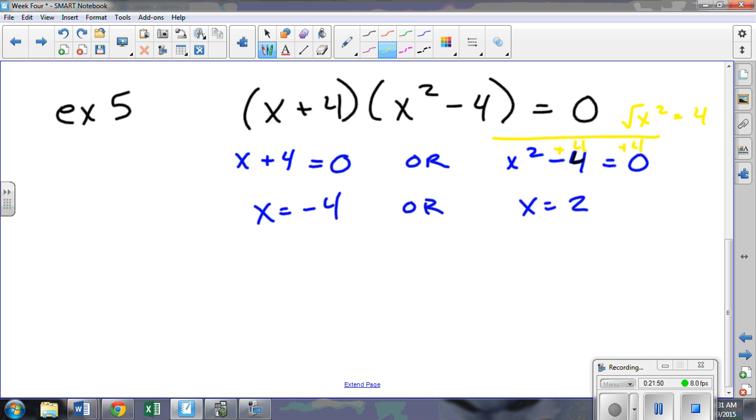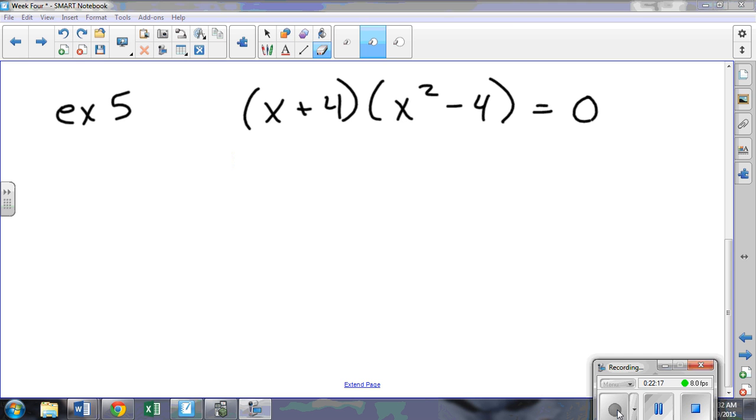And when you take the square root, remember to take the positive and negative square root, giving you positive 2 and negative 2. Completely valid way of solving this particular problem. I'm about to erase this work though. So if need be, pause the video, finish doing the writing.